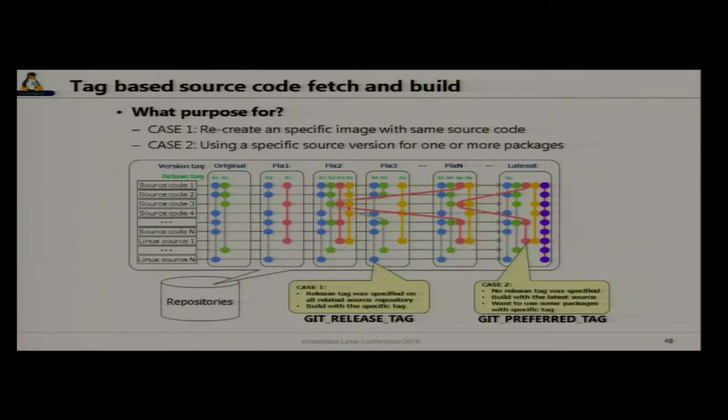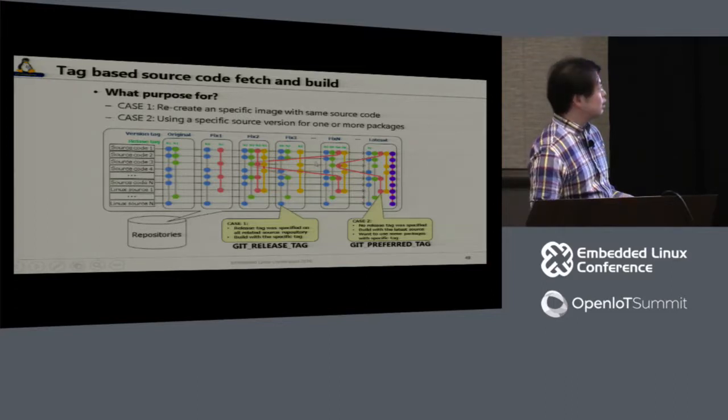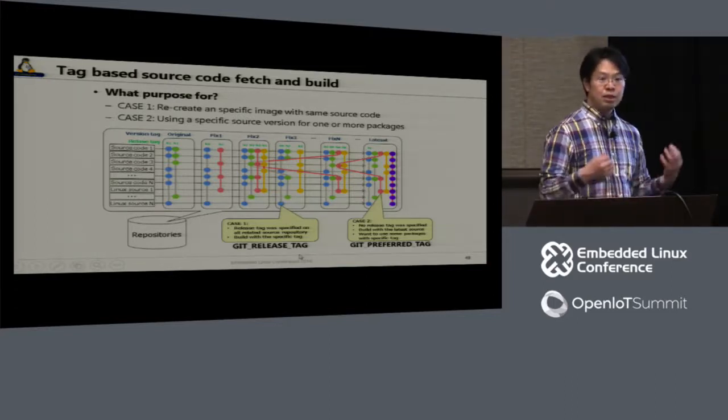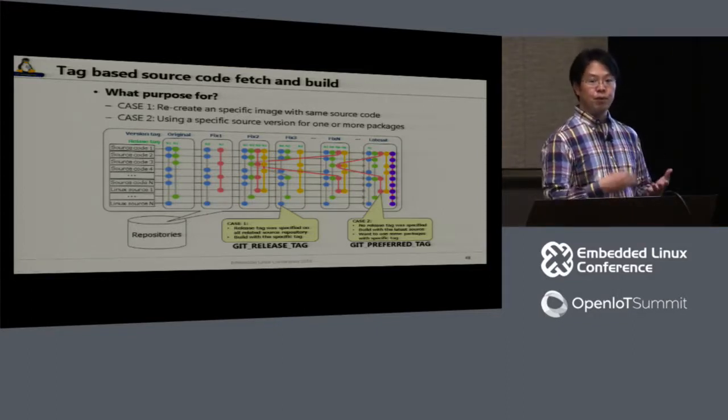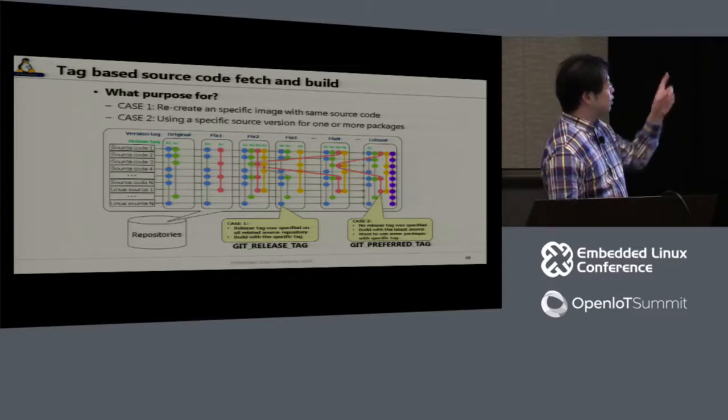So the first one is like this. This is the latest commit, but if we find some error in this environment, we just move this commit back, and it's easy to reproduce this kind of root file system.